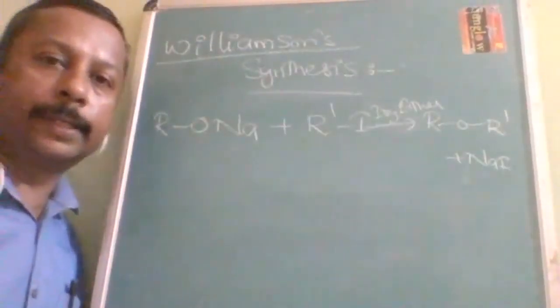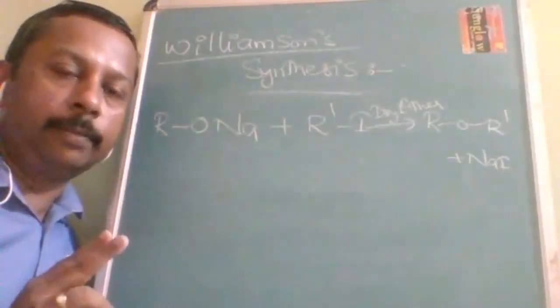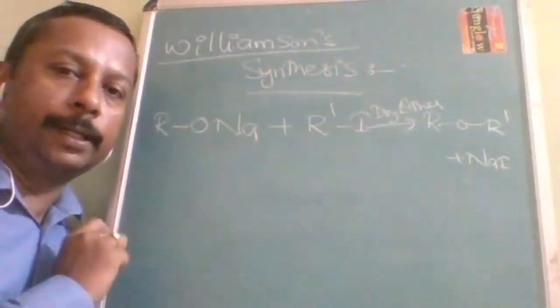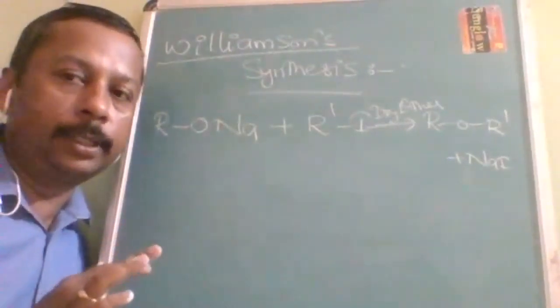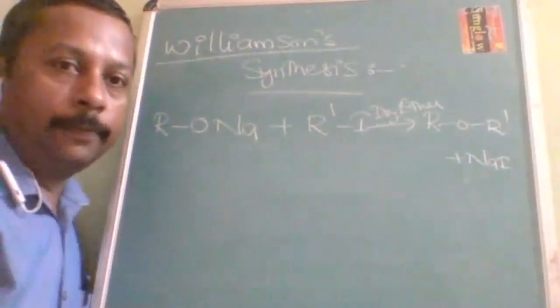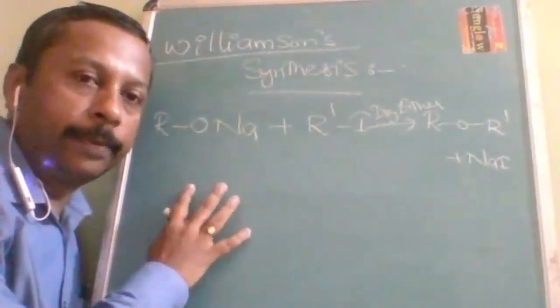Most important segment of this class. In the sulfuric acid part, only two temperatures are important, and Williamson synthesis is entirely important. In this chapter I told you only 2 to 3 specific topics are there. If you go through them, this is the most important topic for the preparation side.